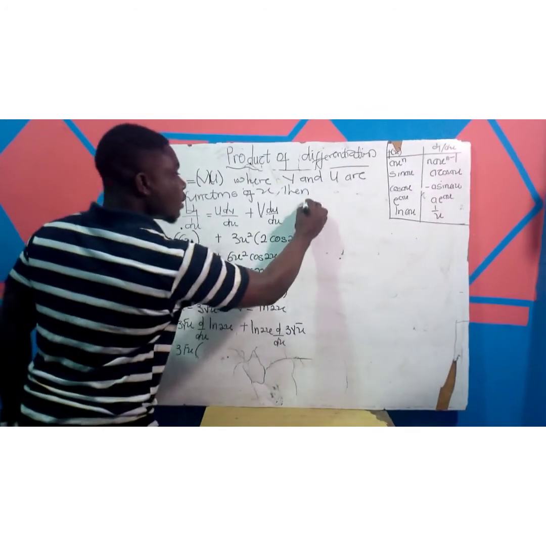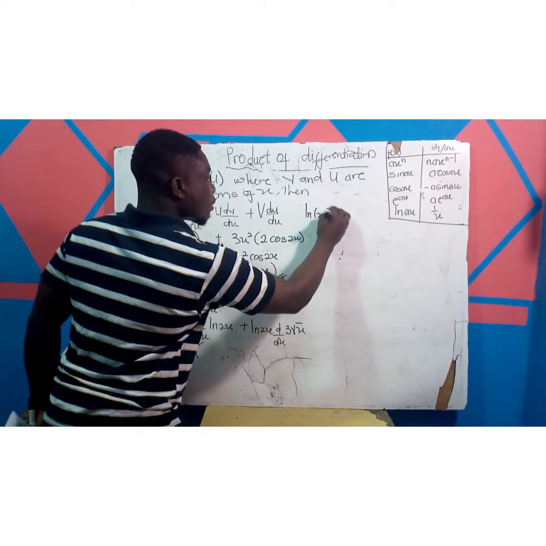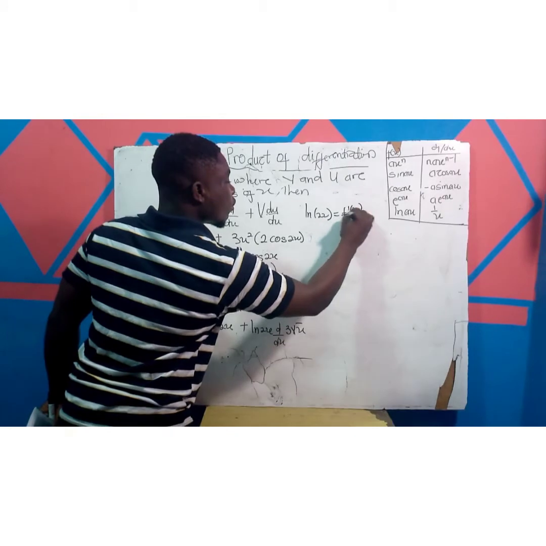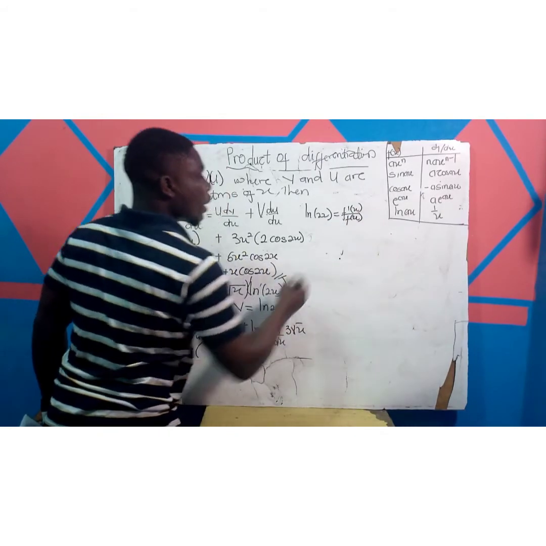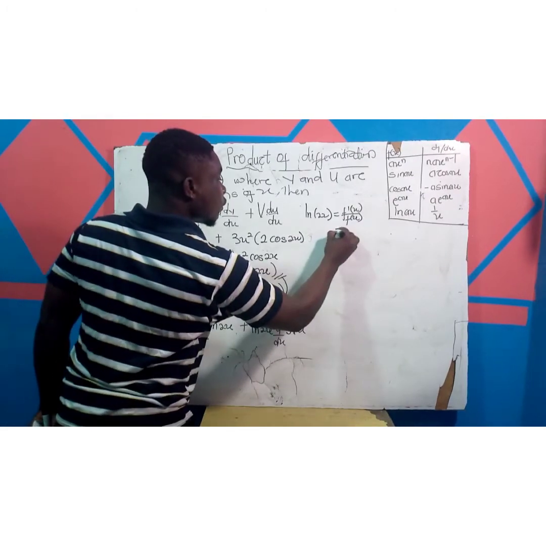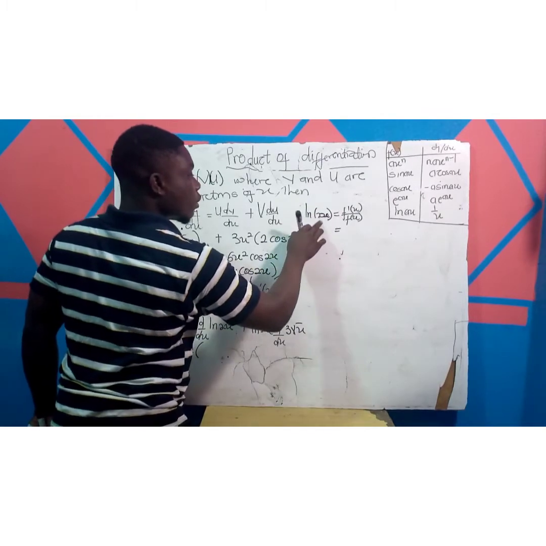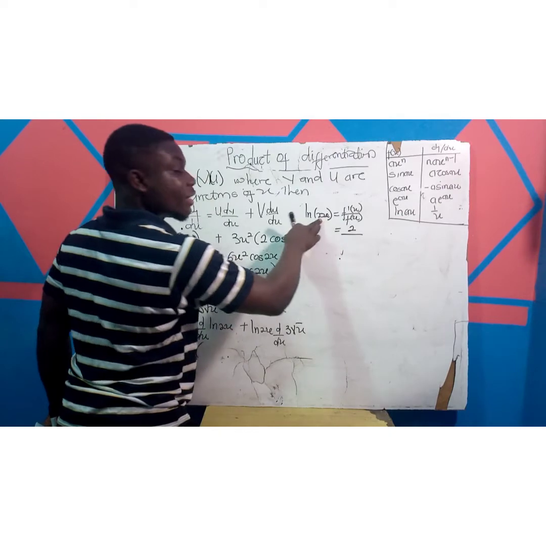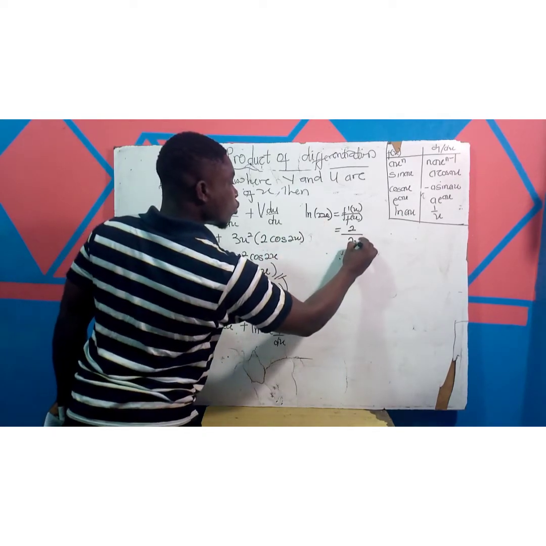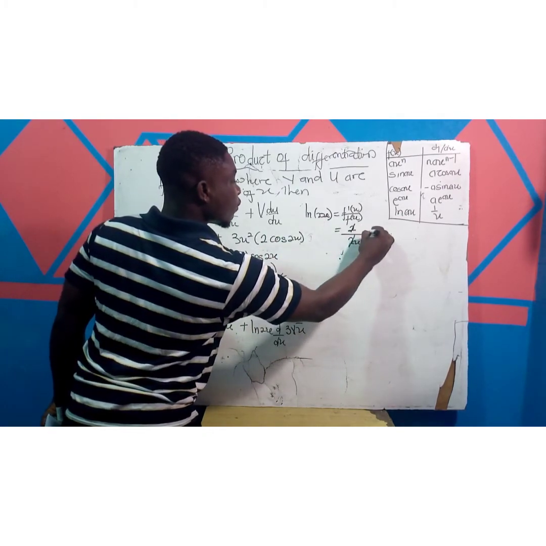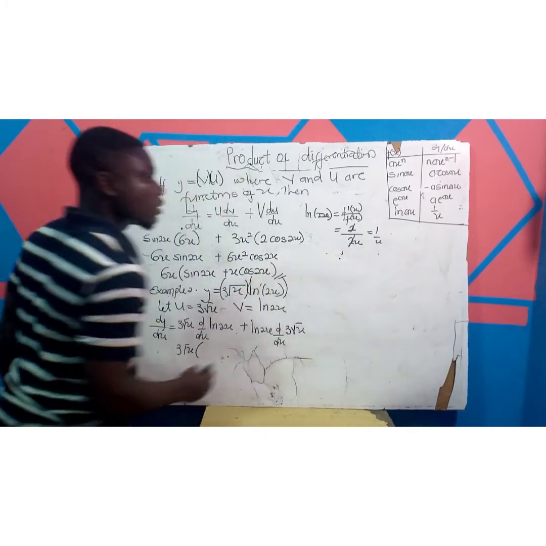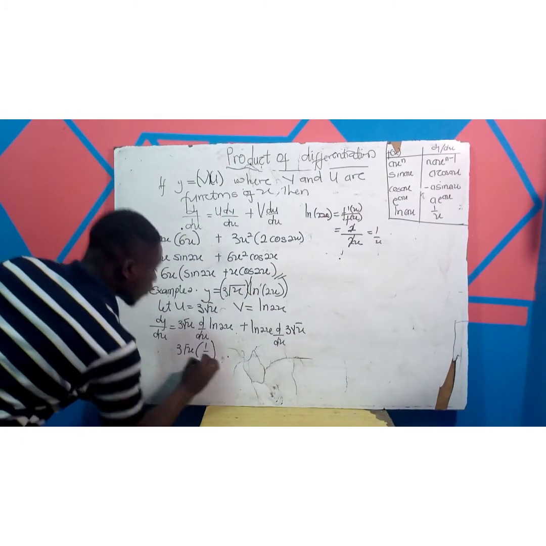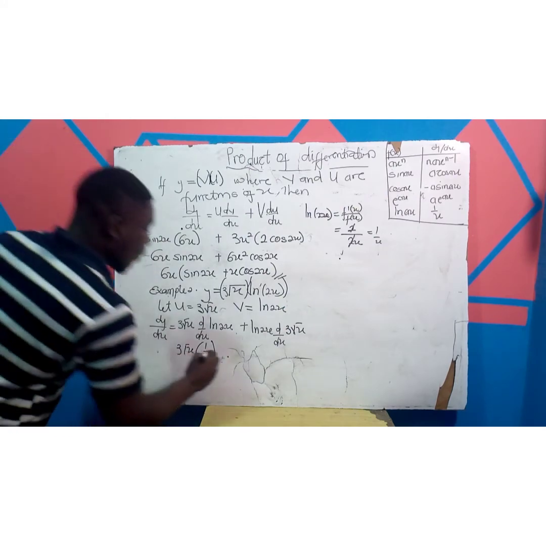If you differentiate ln 2x, which means f prime of x over f of x, you are going to get 2 divided by the same function, 2x. This will cancel, giving us 1 over x.